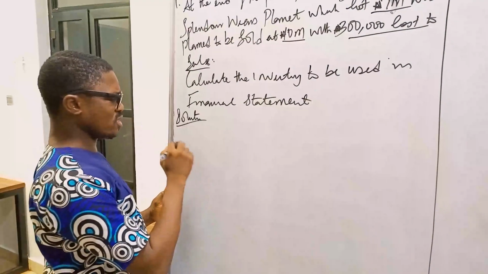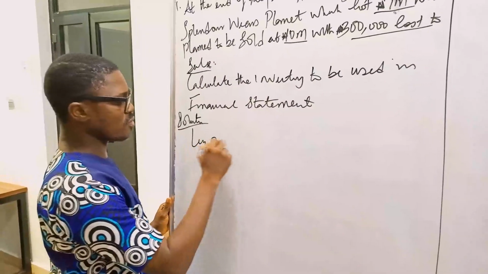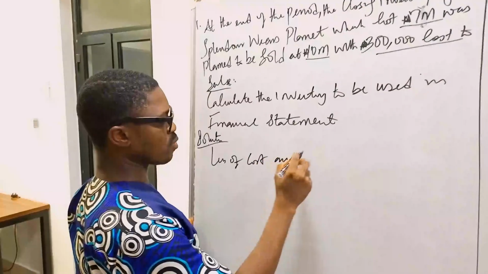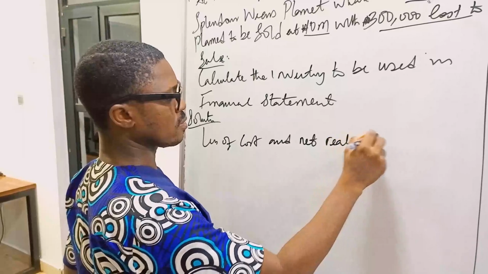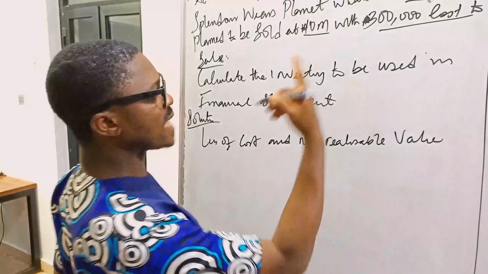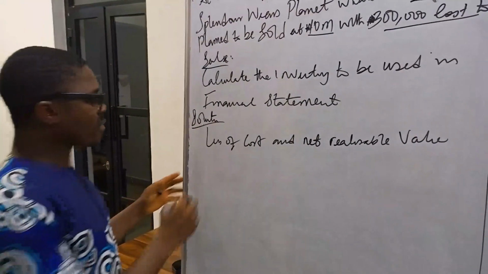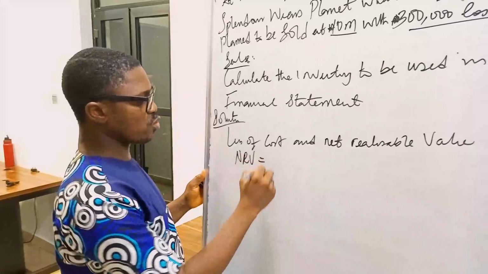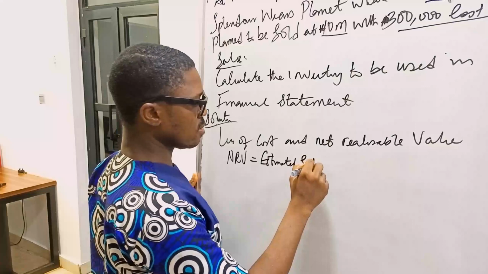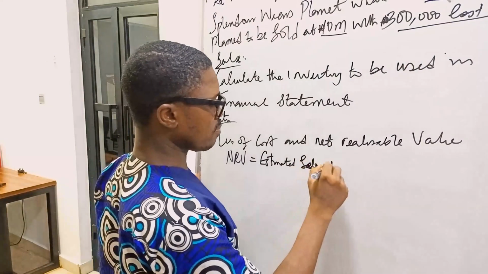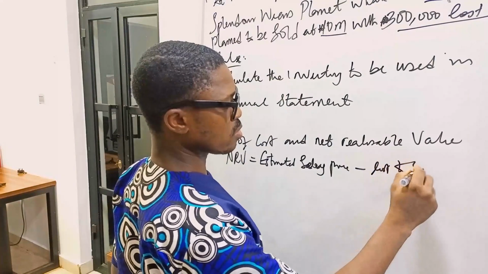The condition is, inventory is to be valued at the lower of cost and net realizable value. Here in this question we have our cost, but we don't have our net realizable value, and we said that the formula for net realizable value is estimated selling price minus cost to sell.